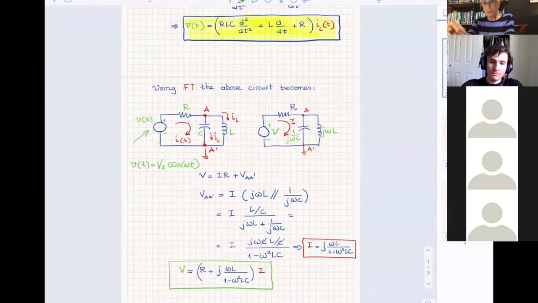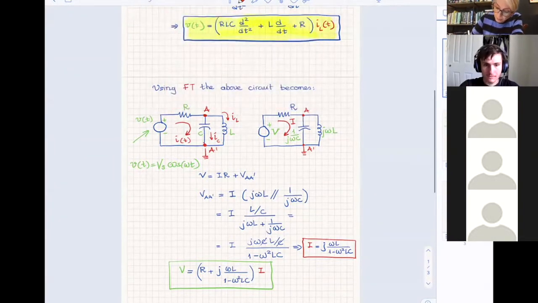That's how we called it at the time. And then we replaced every inductor by j omega L, which is here, and we replaced every capacitor with 1 over j omega C. Okay? And we did that.